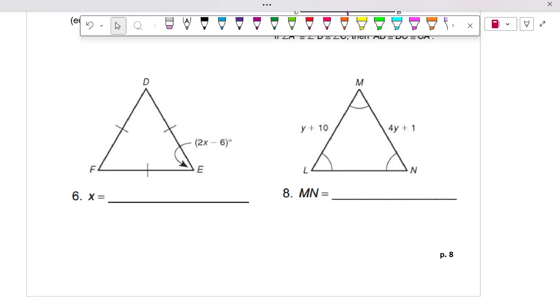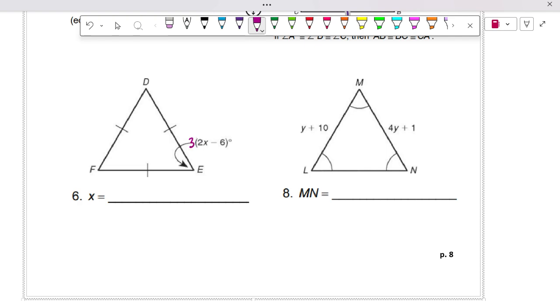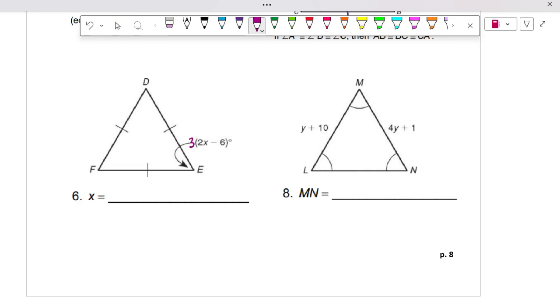Now, you could multiply this expression by 3 and set it equal to 180. But that's more work for you and you're dealing with bigger numbers. The easiest way is we know that every angle in an equilateral triangle is 60 degrees. So we just have to set 2x minus 6 equal to 60. Now, I'm not going to solve that because I know y'all can solve a two-step equation. I just care about the setup right now because, in my opinion, that's the hardest part.